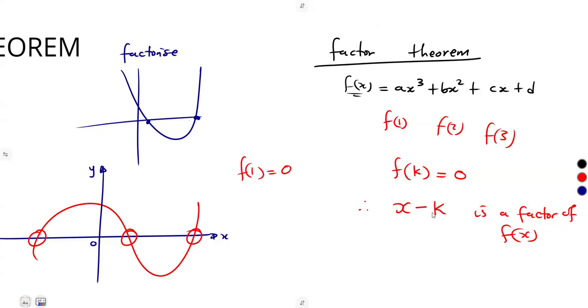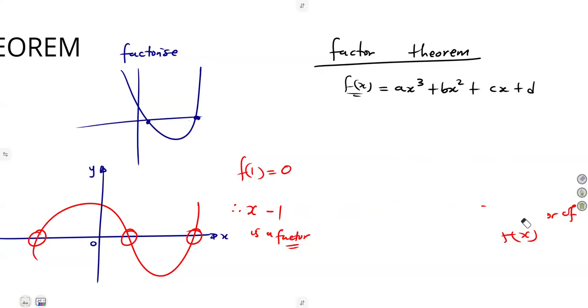So if I substituted a 1 and obtained a 0, therefore x minus 1 is a factor. So that's our factor theorem. You obtain a factor from the value that you substituted, and you obtain a 0.